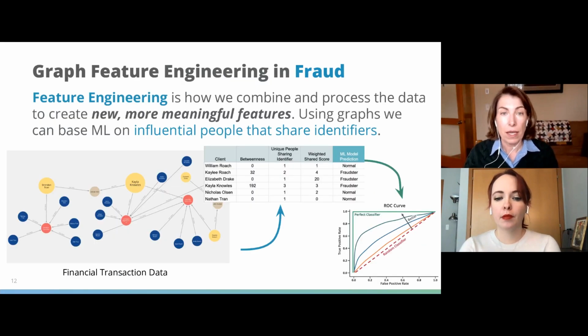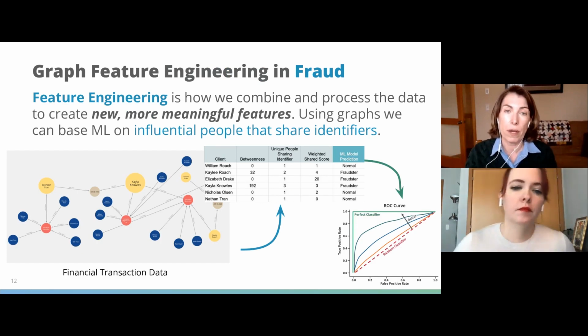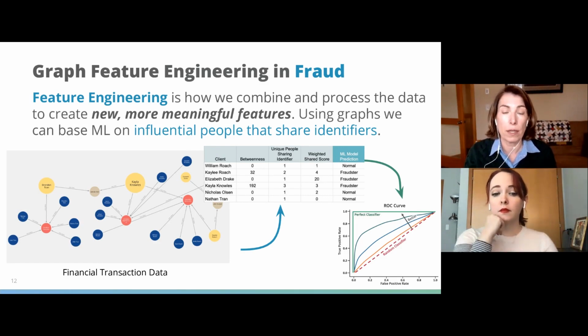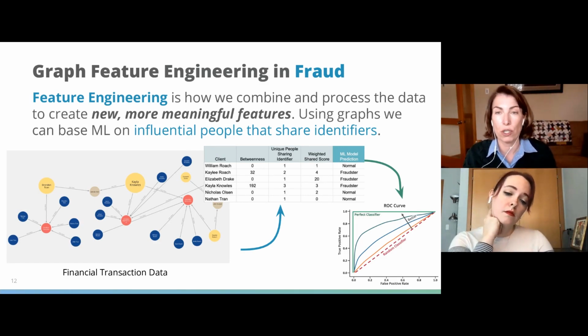Moving on to the next section would be graph feature engineering for fraud. Think about those queries and algorithms that we just looked at. You'd want to combine and process data to create new information that's even more meaningful. In this case, we're going to look at graphs and look at influential people that also share identifiers.